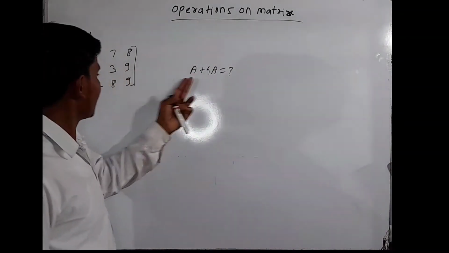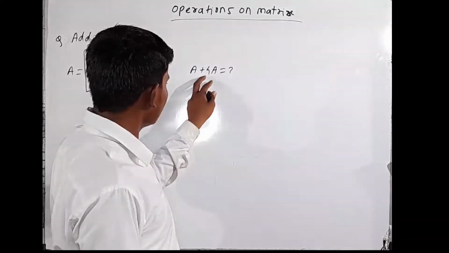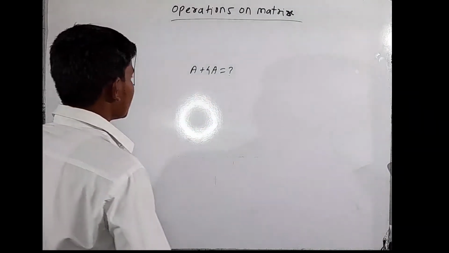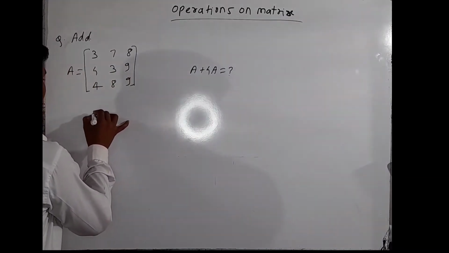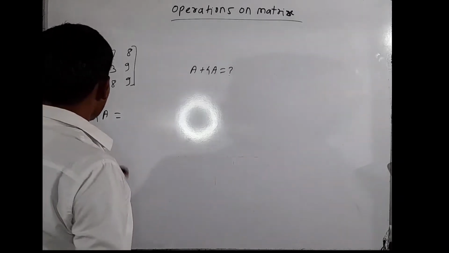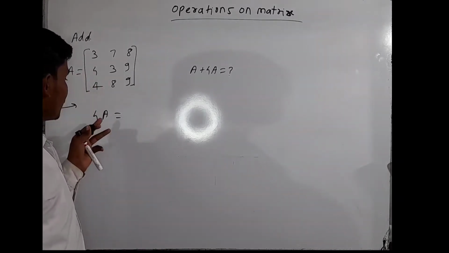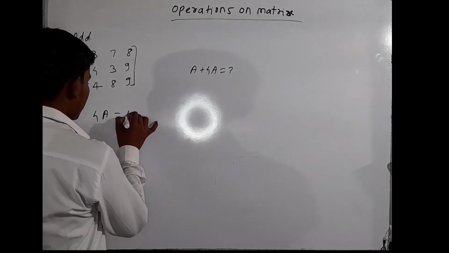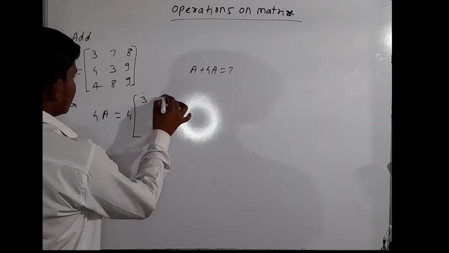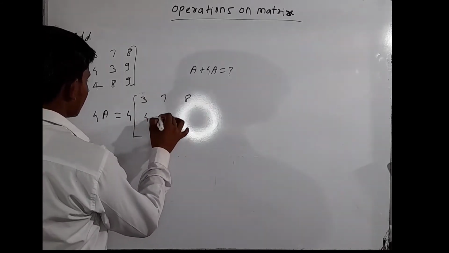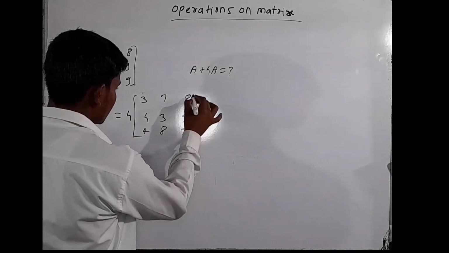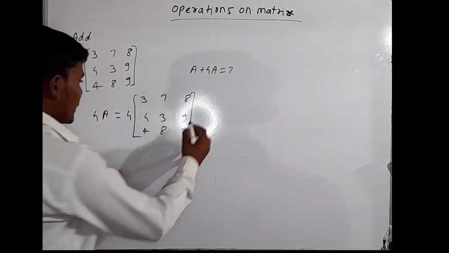So first of all we find matrix 4A, which equals the given matrix A multiplied by the scalar 4, that is 4 into 3, 7, 8, 4, 3, 9, 4, 8, 9.